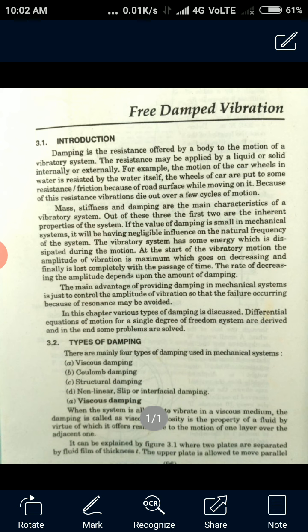But generally, when the motor gets old and you start it, you have seen that initially the vibrations are very high, but after 5 or 10 minutes, over a period of time, the vibrations have reduced.